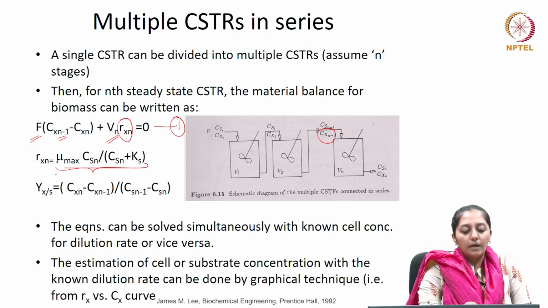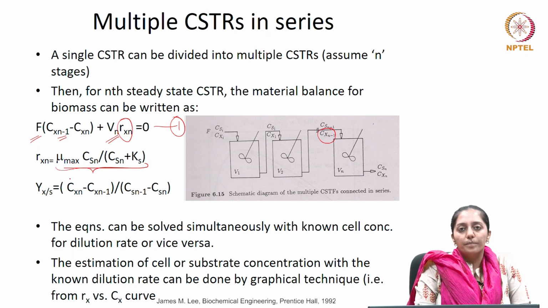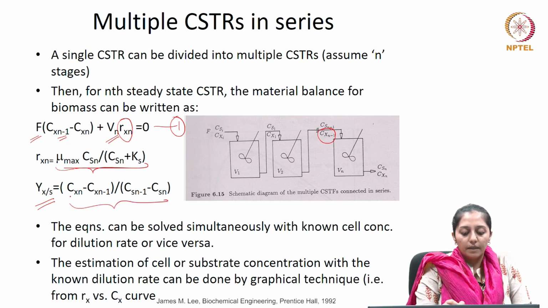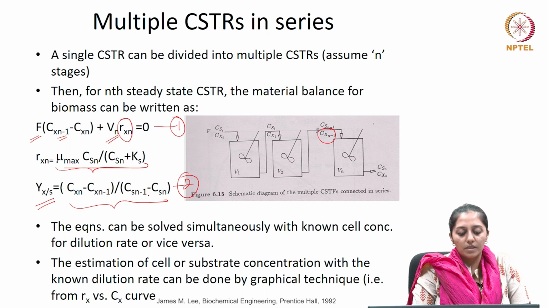So now Rxn can be expanded in the form of Monod's model. Another relationship between the X and the S can be obtained using the yield coefficient. So for the nth stage reactor, we can have two equations. One is the mass balance for the biomass across this reactor, and the second is in terms of the yield coefficient.